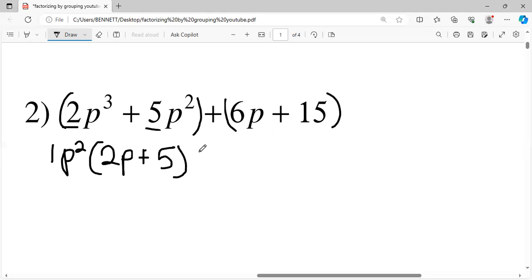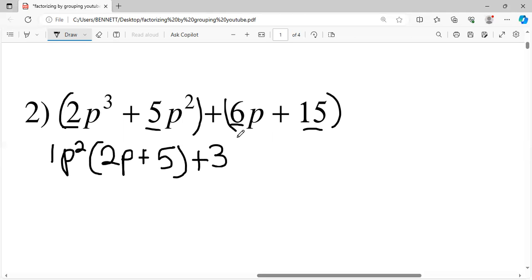We put our plus, and we're going to check the second bracket. Ask yourself, what's the highest number that can go into 6 and 15 without leaving a remainder? That would be 3. P is not common to both, it's only in one, so we don't need to take out the p, because there's no p in the 15.